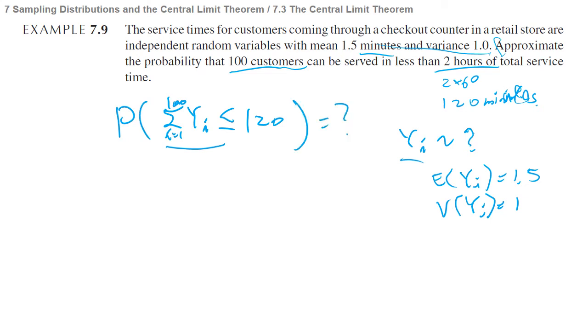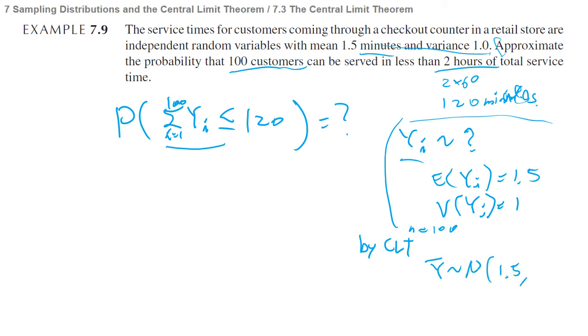Okay, and from CLT, when the number of customers n is 100, we may approximate the sample mean with this: y bar follows a normal distribution with mean 1.5 minutes and variance 1 divided by 100.